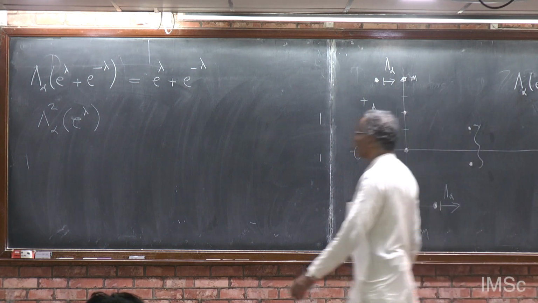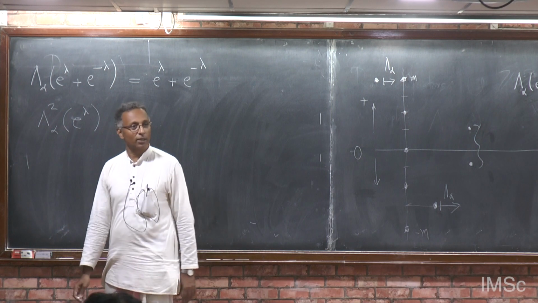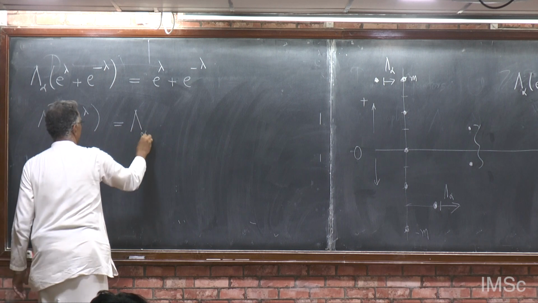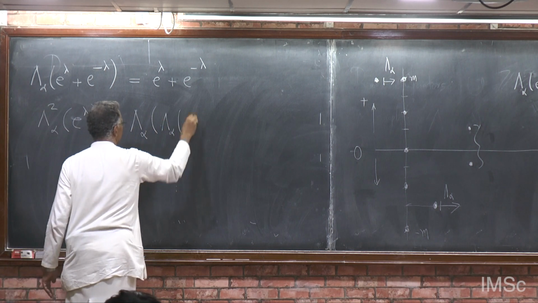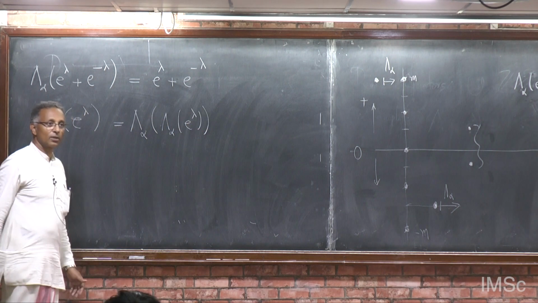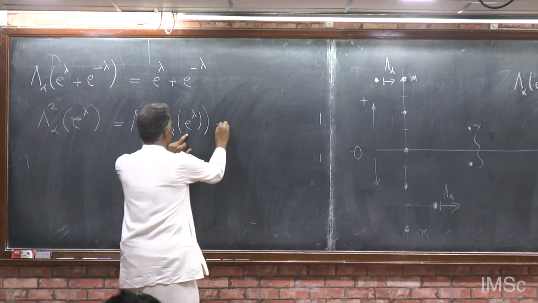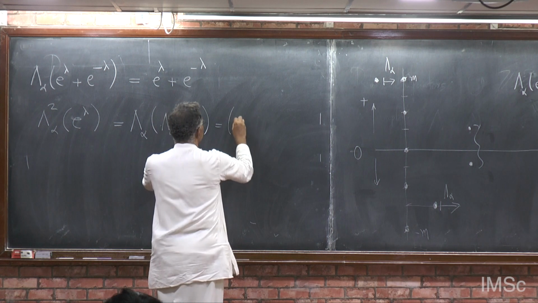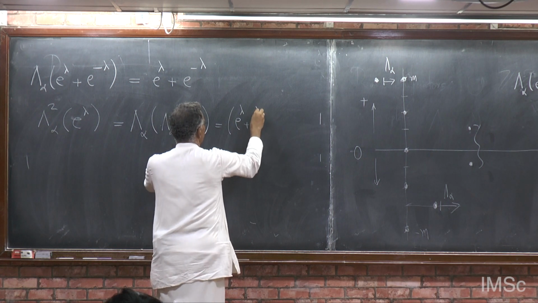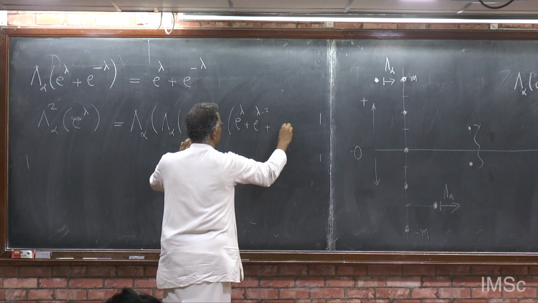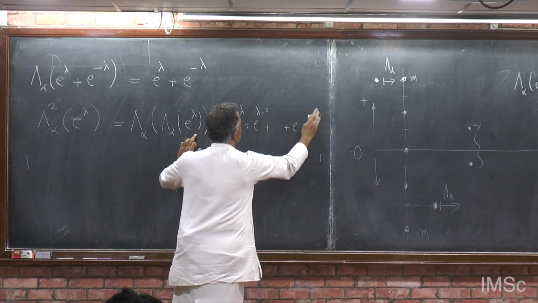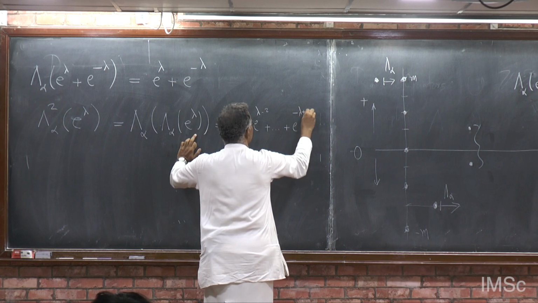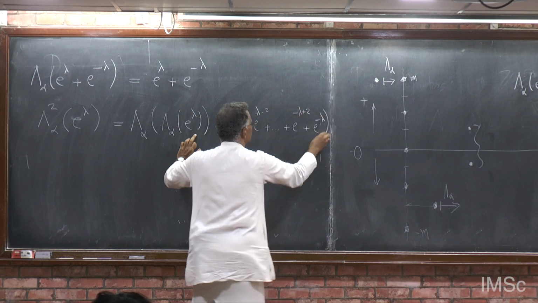Okay. So let's do lambda square of E lambda. So this is lambda by definition. Let's assume lambda is positive. Then this is e to the lambda plus e to the lambda minus 2 plus dot dot dot e to the minus lambda plus 2 plus e to the minus lambda, right?